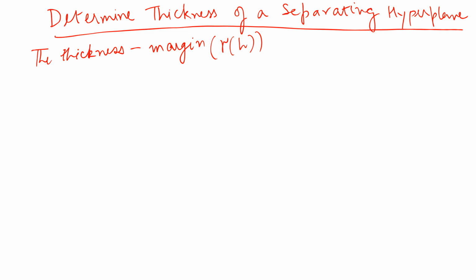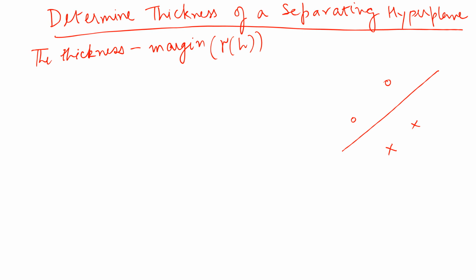And so think about it. This is like the distance from h, which is my hyperplane, to the closest data point, and maybe like twice that. If you remember, let's say we had these data points, and this was my separating hyperplane.